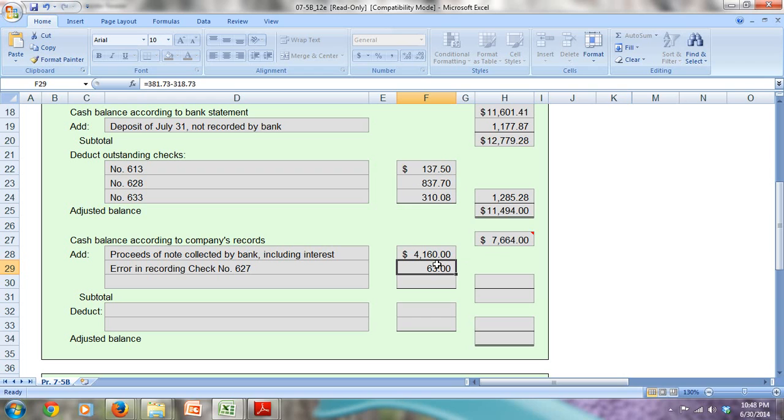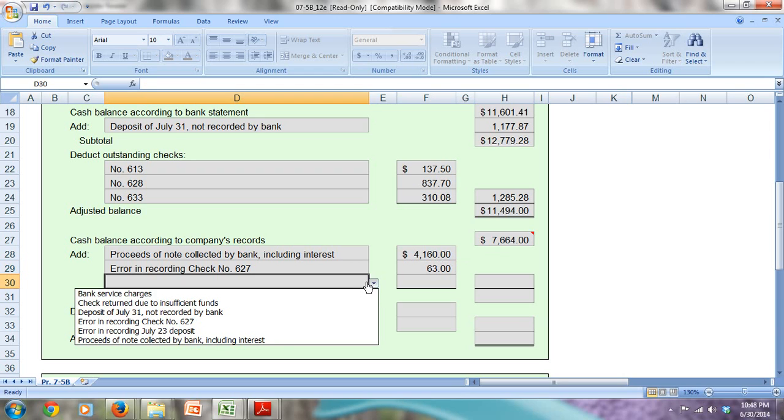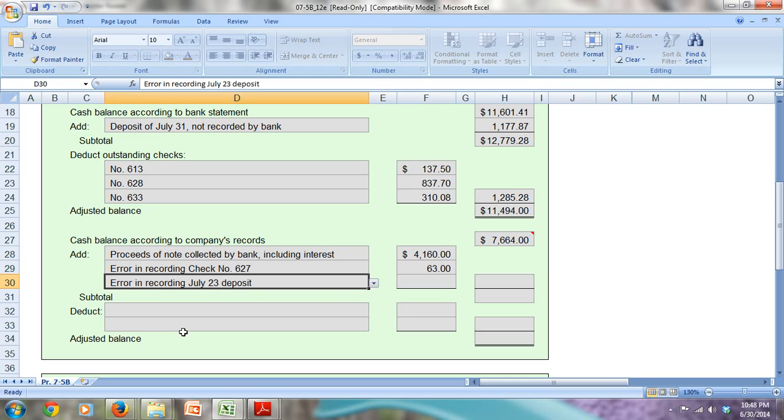Okay, other thing, there is an error in the July 23rd deposit. So let's go ahead and figure that out. If we find an error, that means we did it, not the bank.